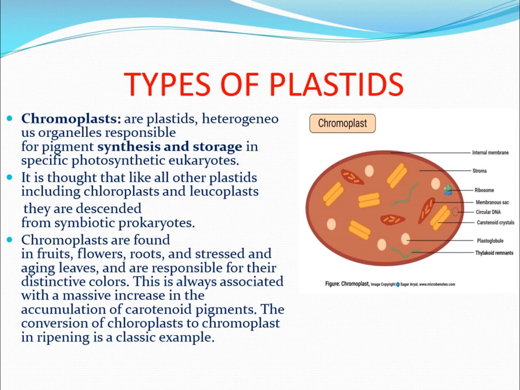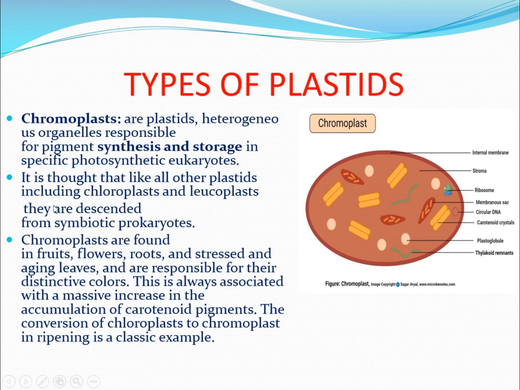So photosynthetic eukaryotes contain chromoplasts. It is thought that, like all other plastids, including chloroplast and leucoplast, they are descended from symbiotic prokaryotes.